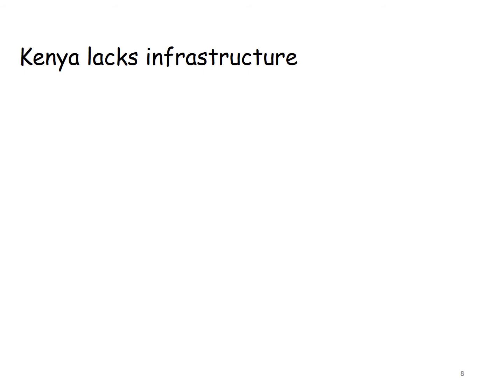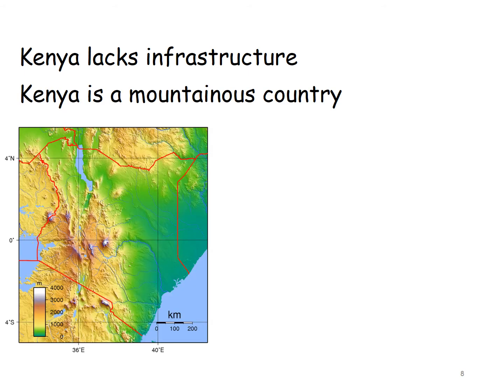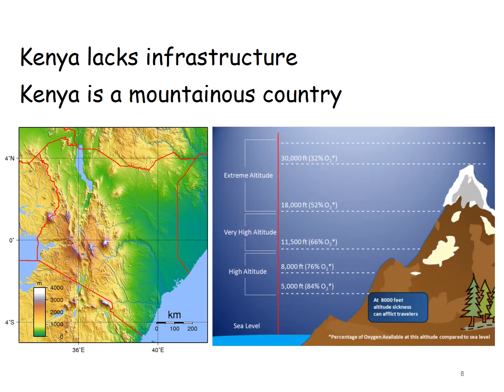A second reason is more valid for me, because Kenya is a mountainous country. As you can see from their map, about half of the country is comprised of mountains as high as 4,000 meters. With increased altitude, we know that the oxygen partial pressure is dropping. As a result, Kenyans have more red blood cells in order to compensate for the drop in oxygen levels. And this explains why they are natural good runners.